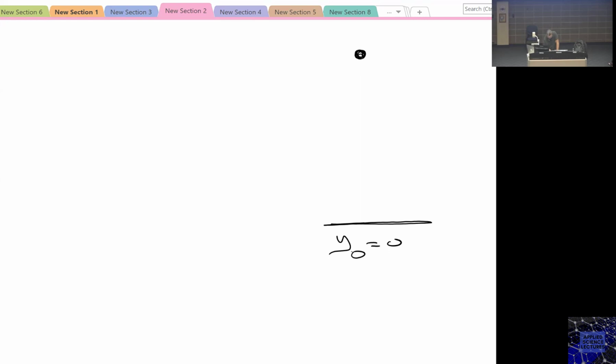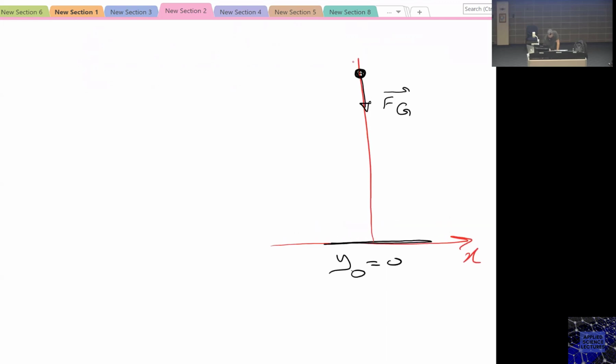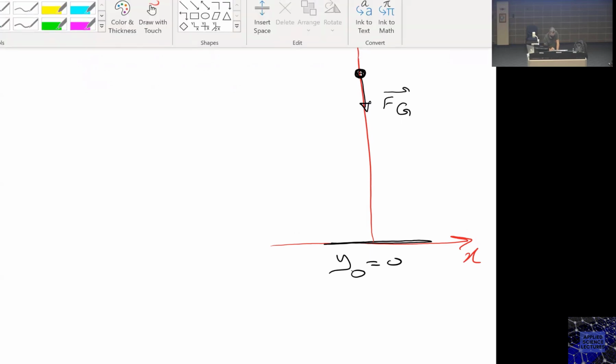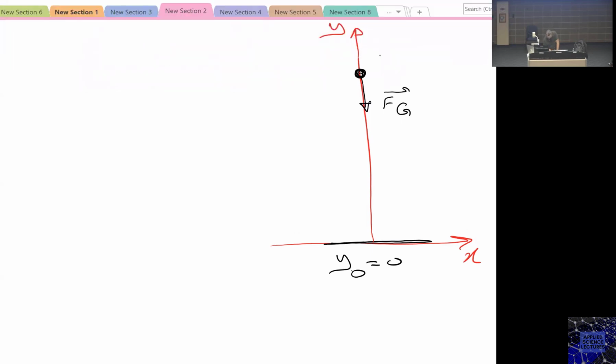So the ball has the gravitational force pointing down this way. If I put my coordinates, x, y. Now I know that the velocity here, or the speed here, is 0.